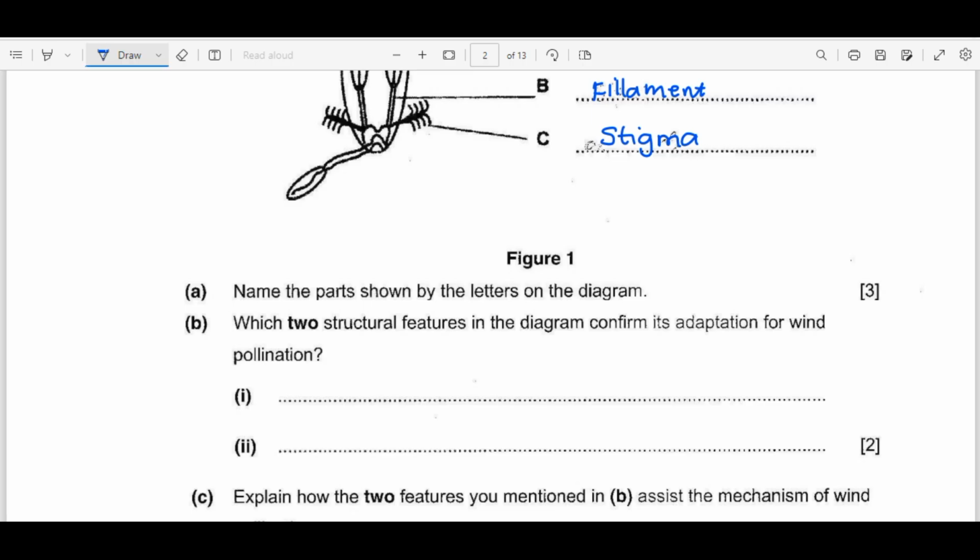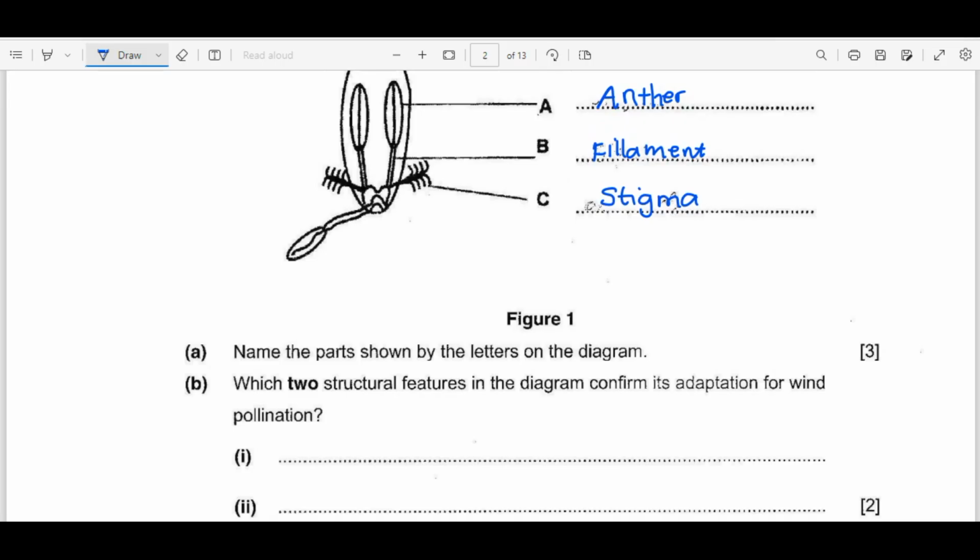Question B: which two structural features in the diagram confirm its adaptation for wind pollination? You need to look at the structure. So what can we see? If you look at the position of the stigma, the stigma is hanging outside the flower. That is the first point that we are going to give here.